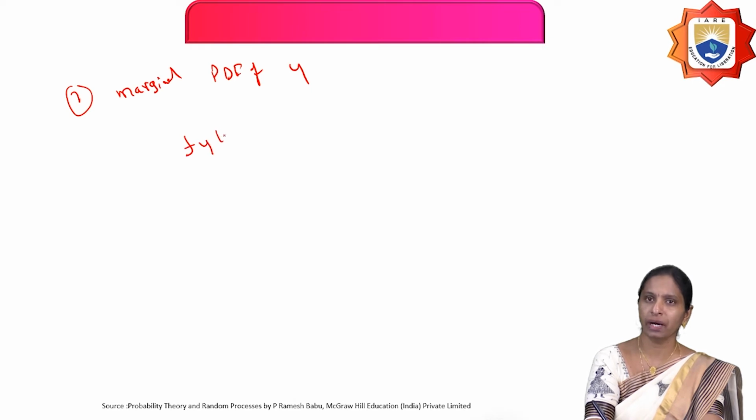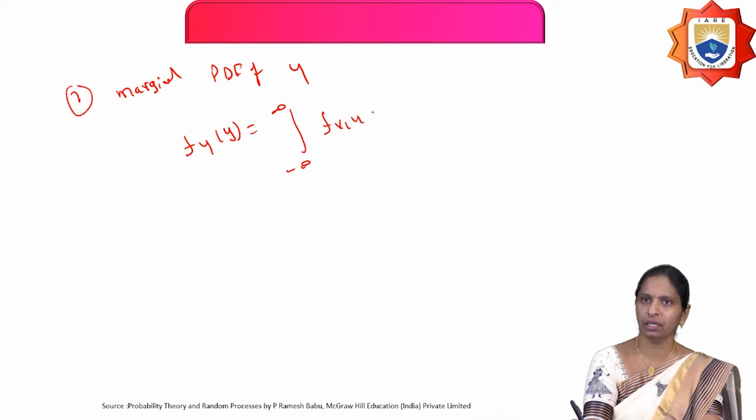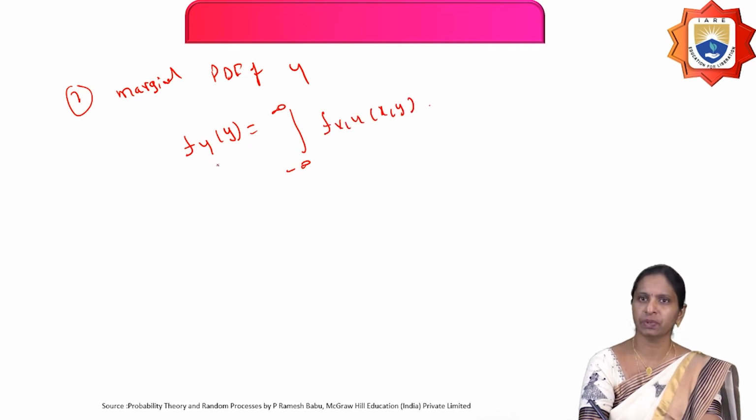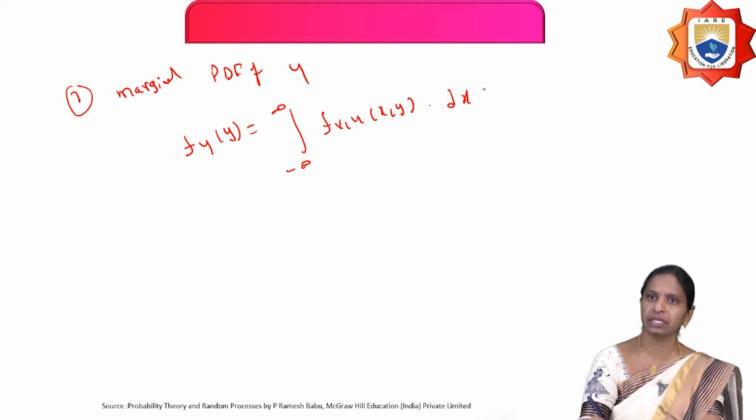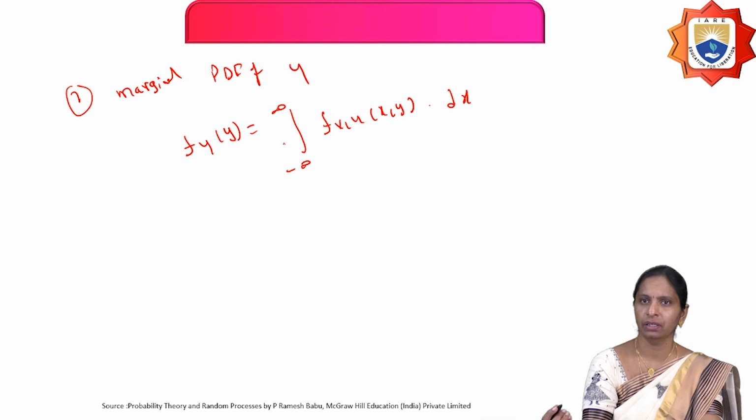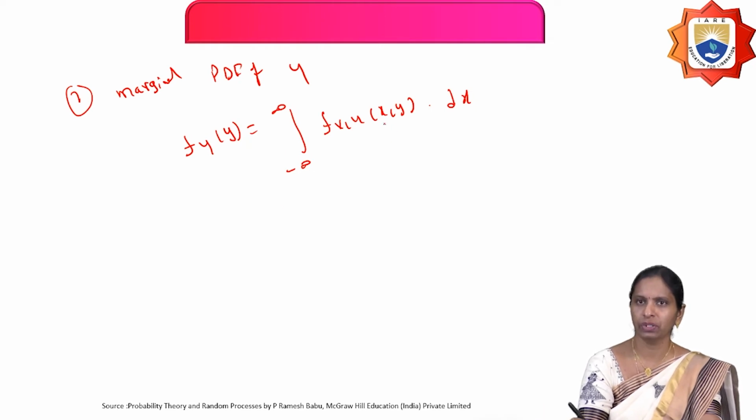Now, if you want the marginal density function of the random variable y, what do you have to do? You have to integrate the joint density function of x and y with respect to x in the limits minus infinity to infinity. And in a similar manner, you can prove the marginal density function of y.